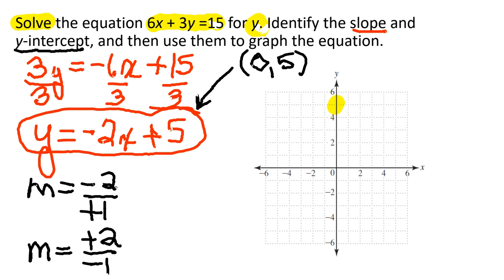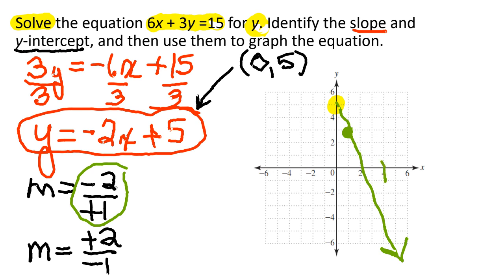Well, if I use this slope, I'm going from my yellow dot. I'm going down 2, right 1. That means I'm going in this direction. This is the first slope.